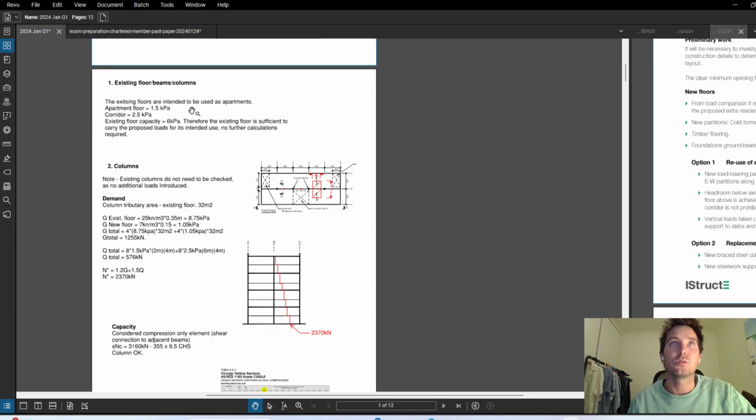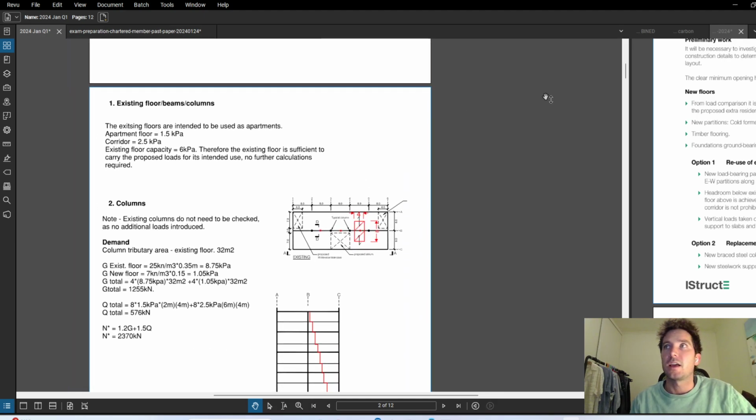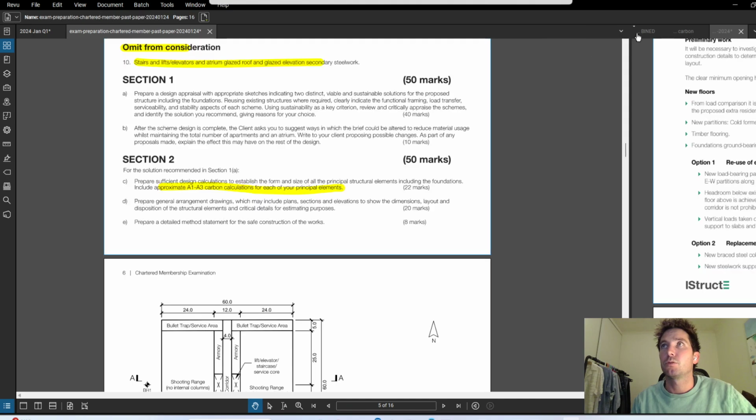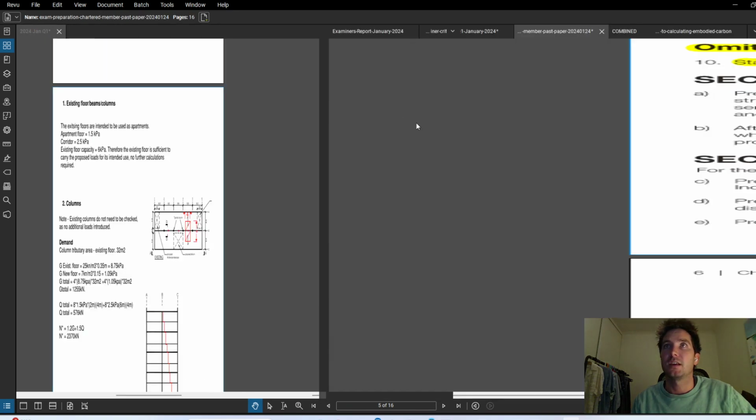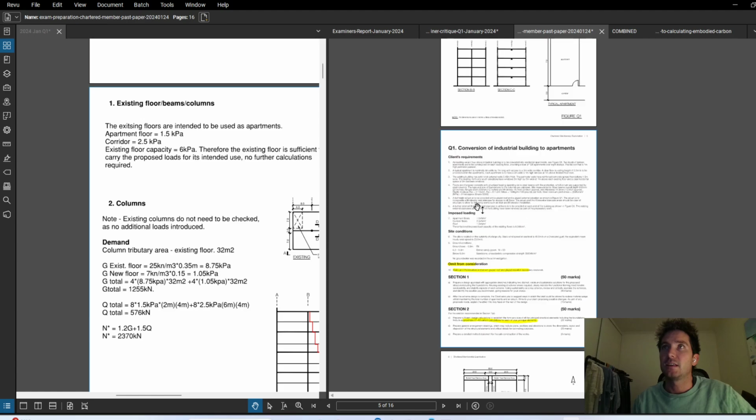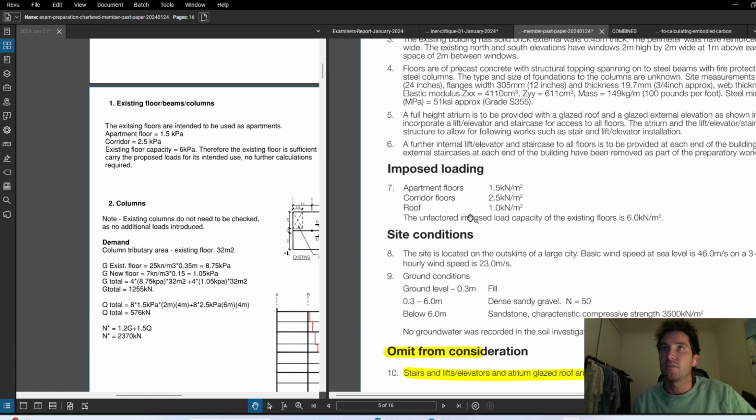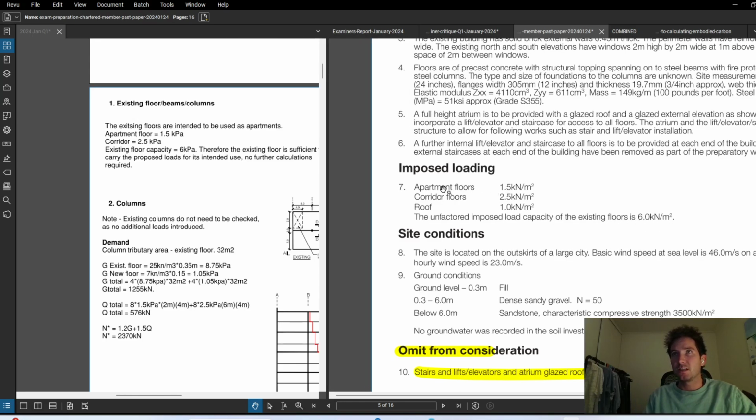Having a look at the existing floor, if we go back and I put it on the right hand screen over here, they give us the loads, the unfactored imposed load capacity of the existing floor is 6 kPa, and then we can see that the new floors, whether it's within the corridor or on the apartments or the roof, it is less than this.